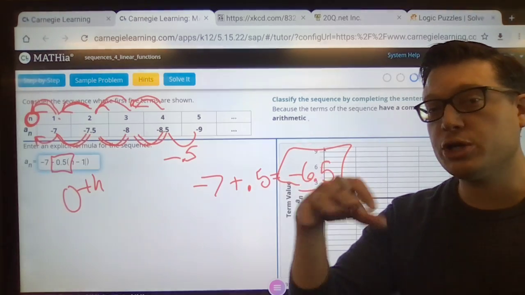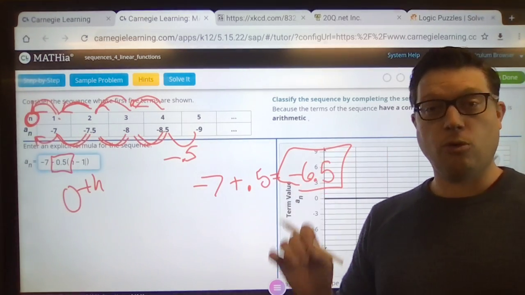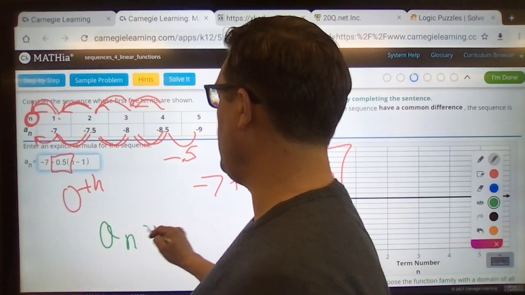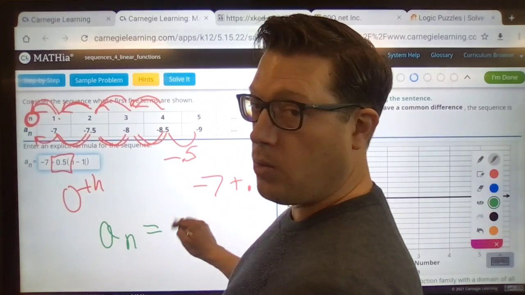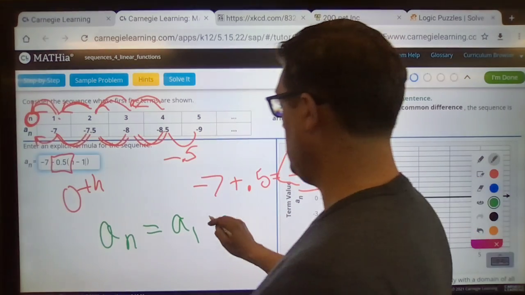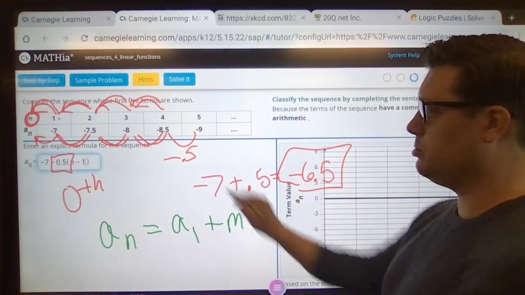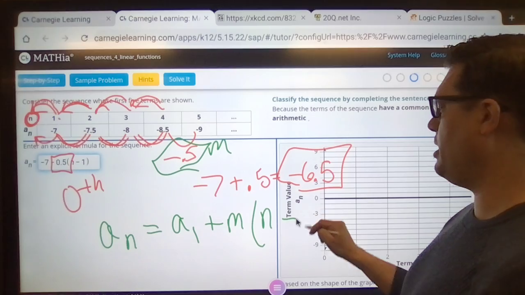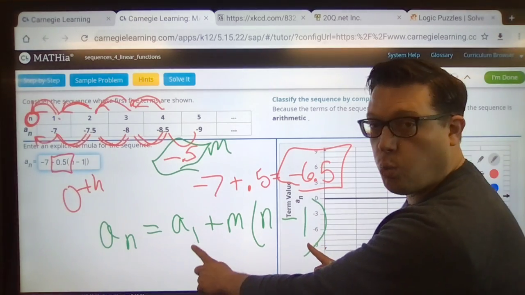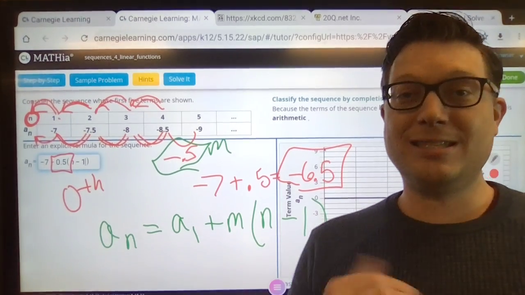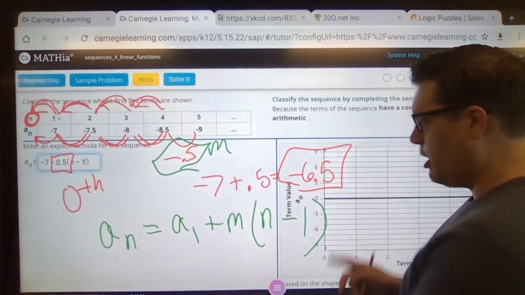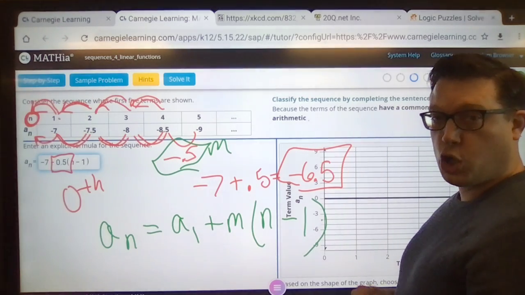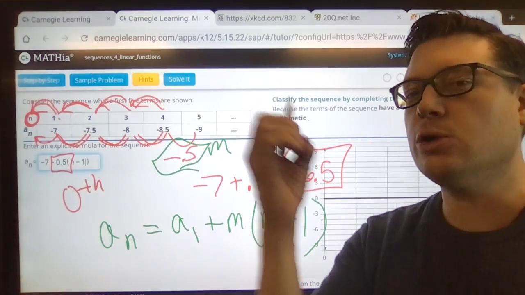The structure of writing the formula for a sequence looks like this. A sub n equals a sub 1 plus our slope, that's our slope, times n minus 1. But what if you make the 1 different? What if instead of focusing on the first term and what that first term is, let's focus on the 0th term.